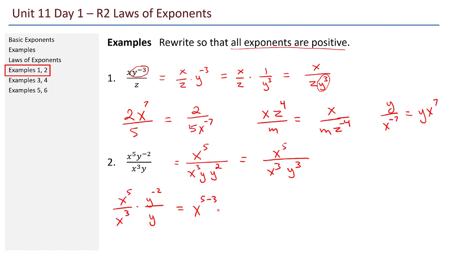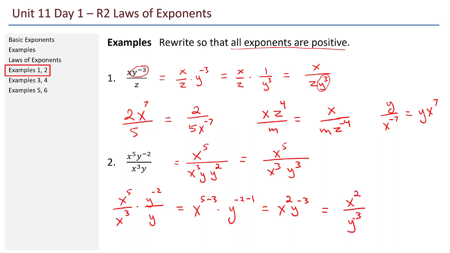And on the second factor, I get y to the -2 minus 1. -2 minus 1. And so that's x squared times y to the -3. Oh, and that's the same thing as x squared over y cubed.